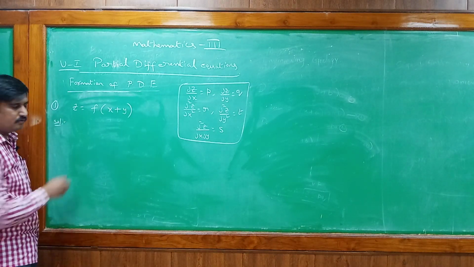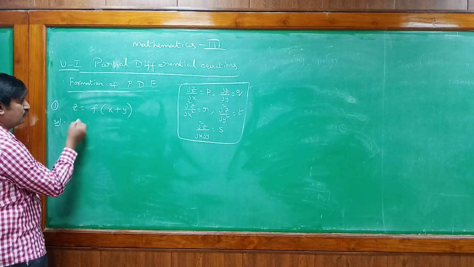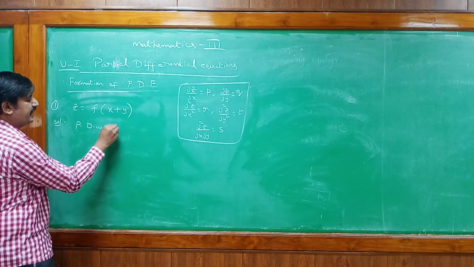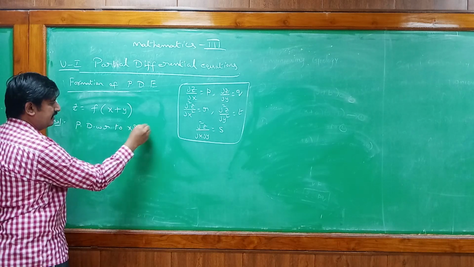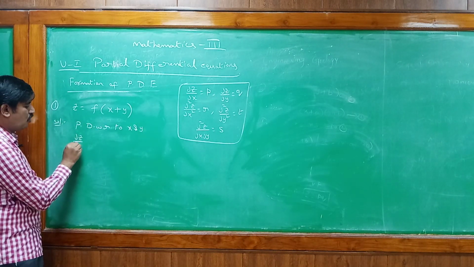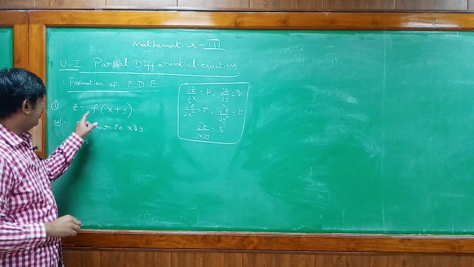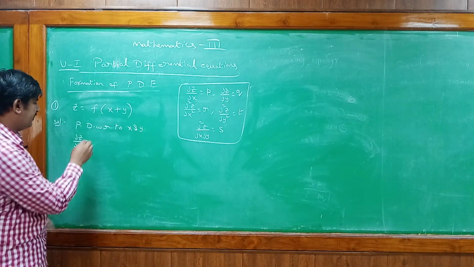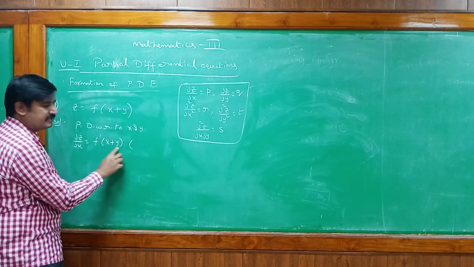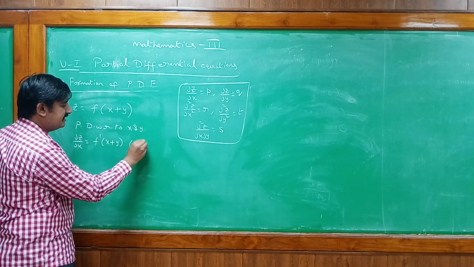What to do here? A similar method. First, mark this as equation 1, then partially differentiate with respect to x and y. So dou z by dou x is equal to f dash of x plus y; by the chain rule, the differentiation of x plus y with respect to x is 1 and y is 0.